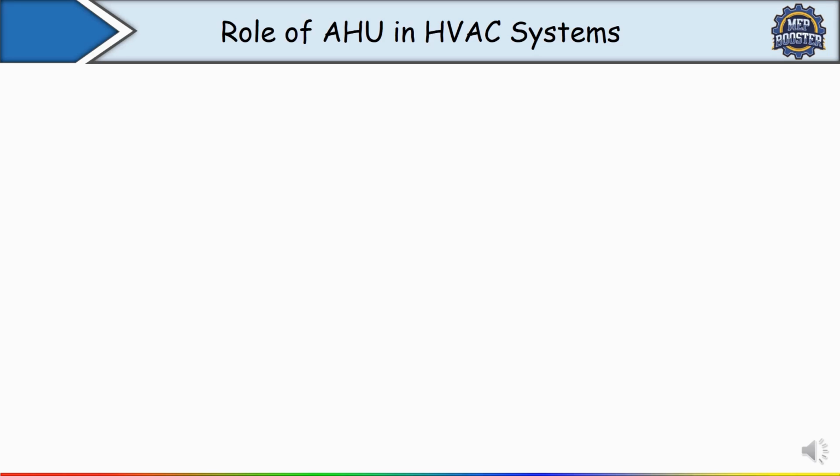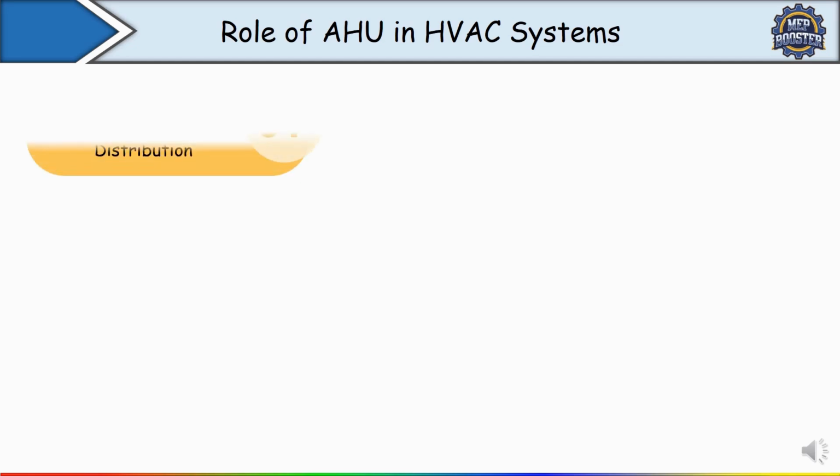So remember here, air handling unit is central to the functioning of HVAC system, performing multiple tasks related to air quality, temperature, circulation, humidity control. Now I will show you a detailed explanation of its role, with an example for each function.